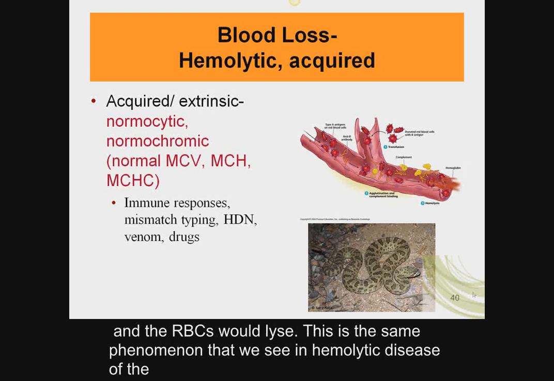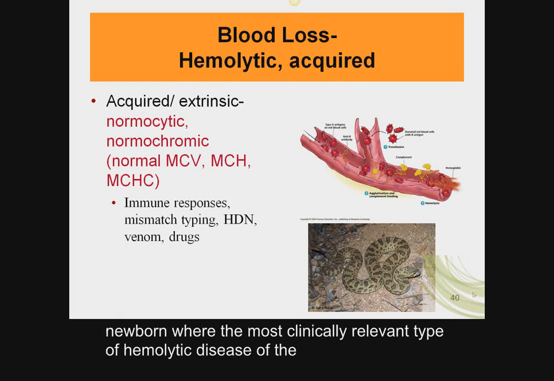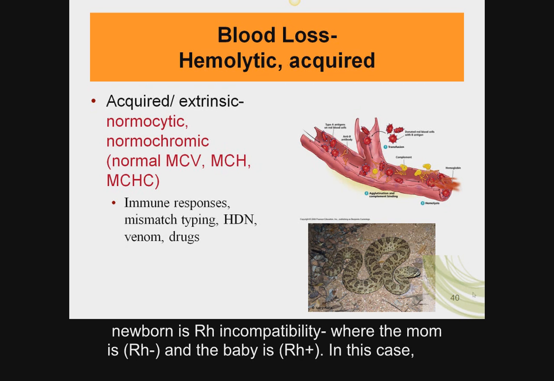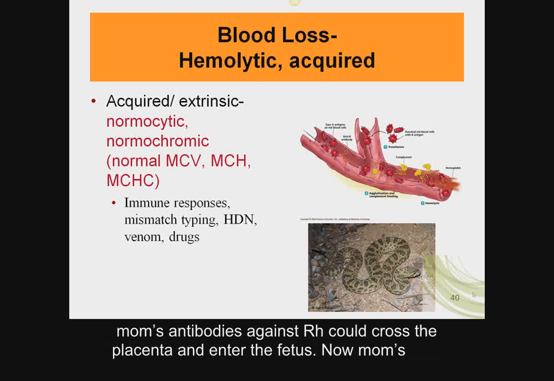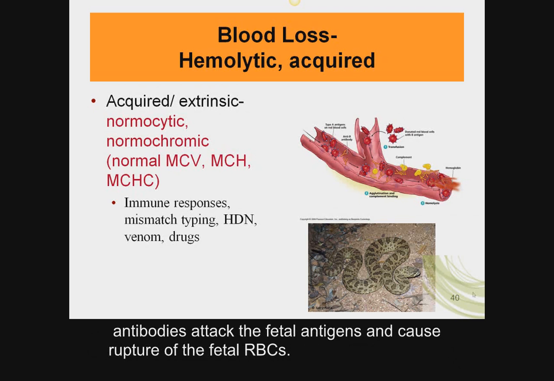This is the same phenomenon that we see in hemolytic disease in the newborn, where the most clinically relevant type of hemolytic disease in the newborn is Rh incompatibility, where the mom is Rh negative and the baby is Rh positive. In this case, mom's antibodies against the Rh factor cross the placenta and enter the fetus. Now mom's antibodies attack fetal antigens and cause rupture of the fetal red blood cells.